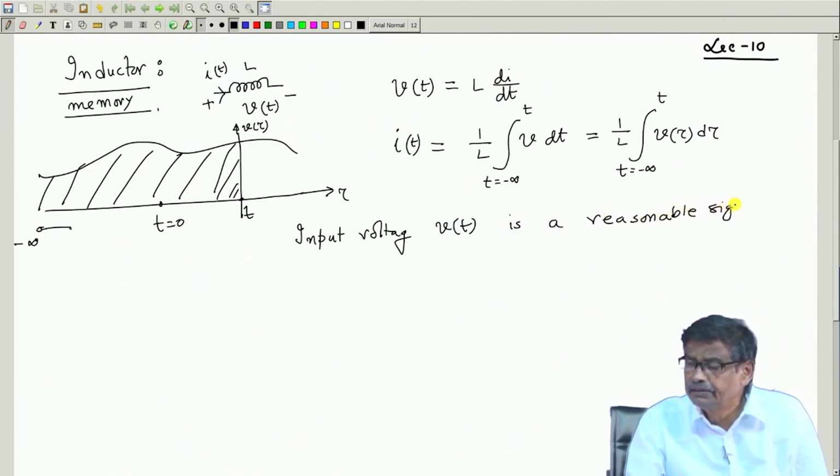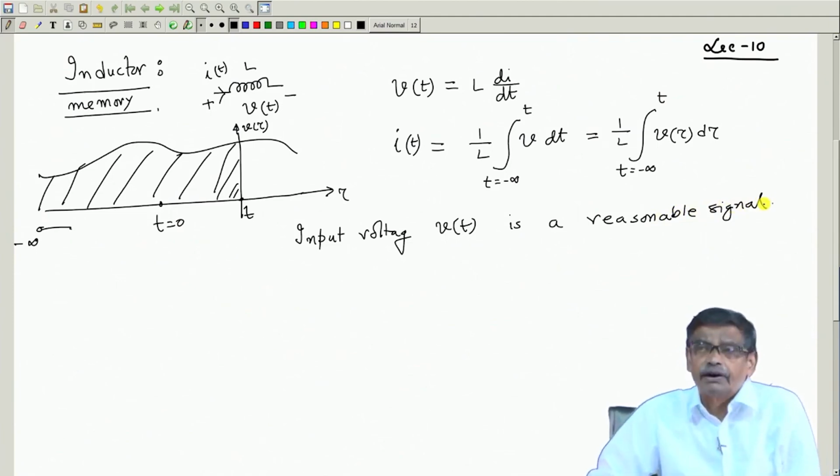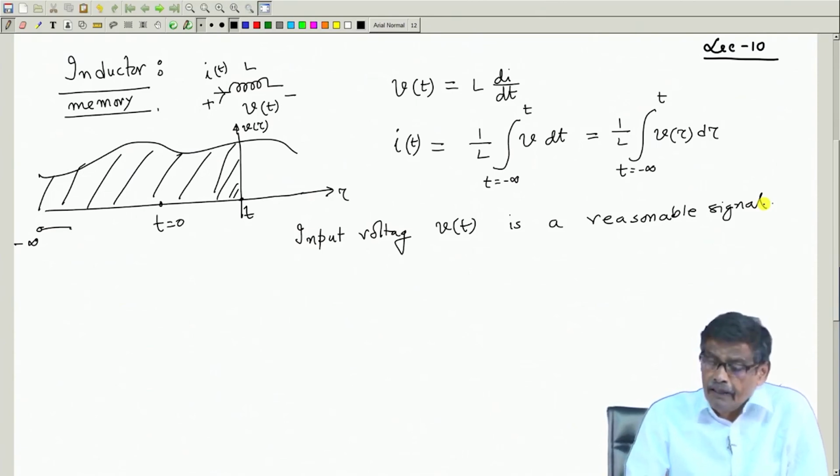Reasonable signal means it is not an impulse function. It may be exponential, triangular wave, step waveform, sinusoidal, what not. Those are all reasonable signals.